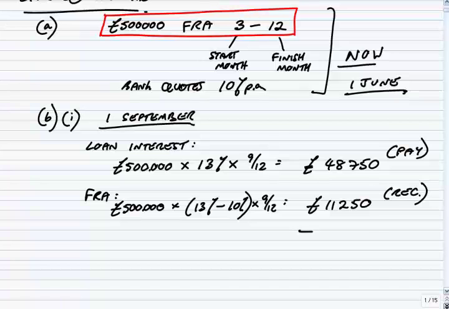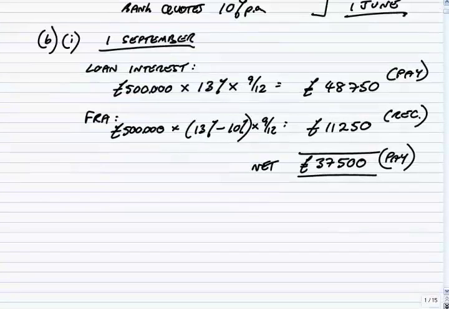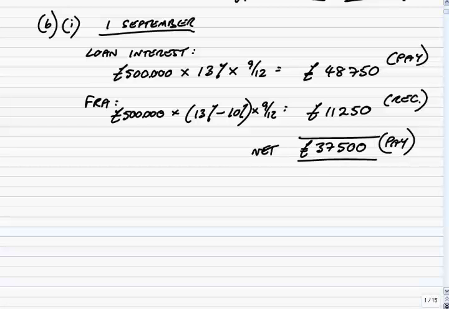And so the net result, of course, we pay on the one hand 48, we get back 11. The net result is 37,500. And I'm sure it's already obvious the net effect is 10%.